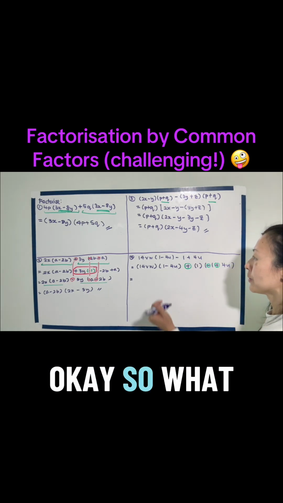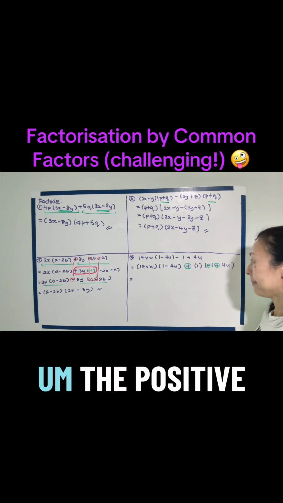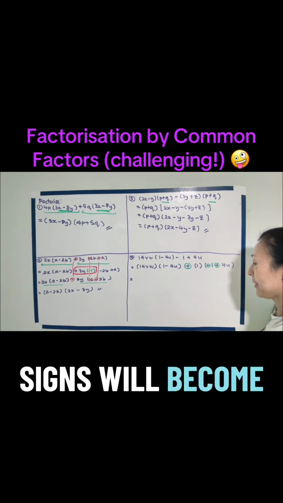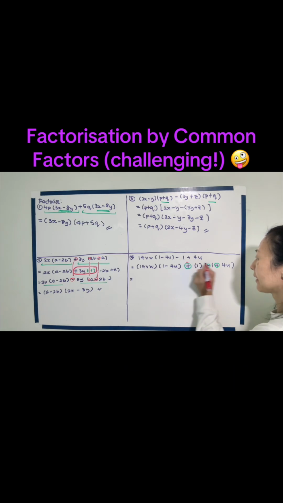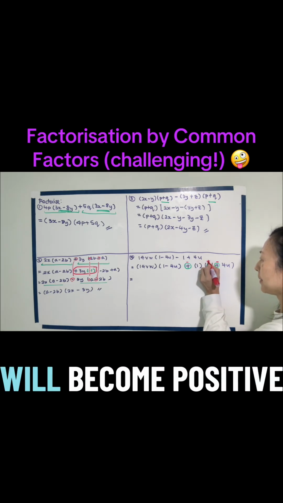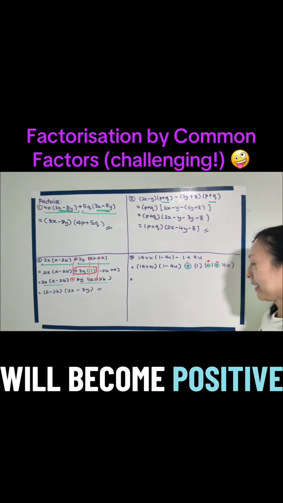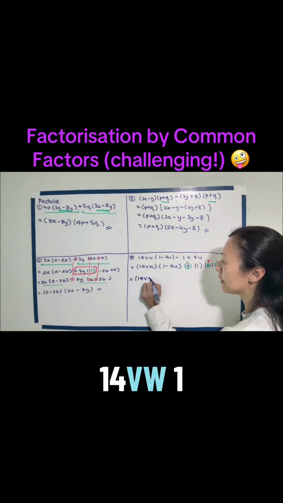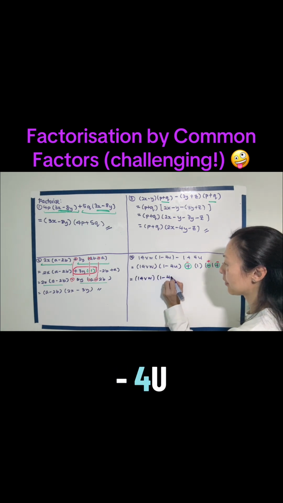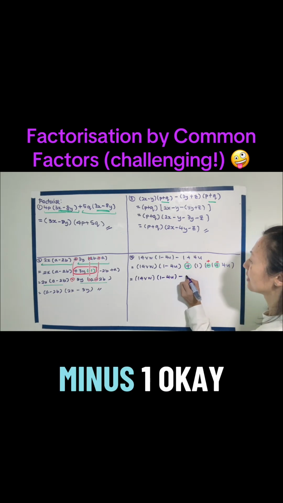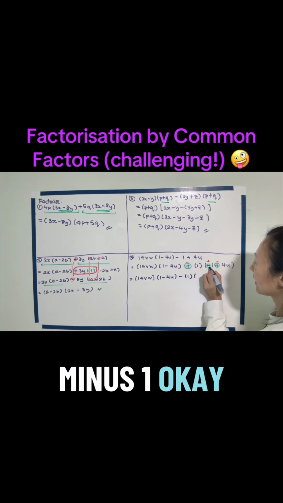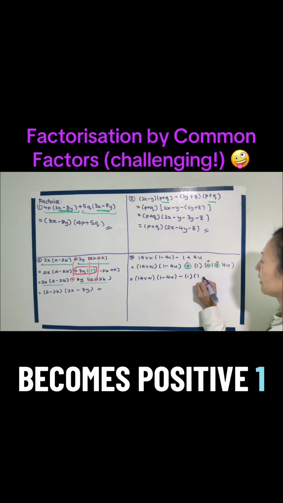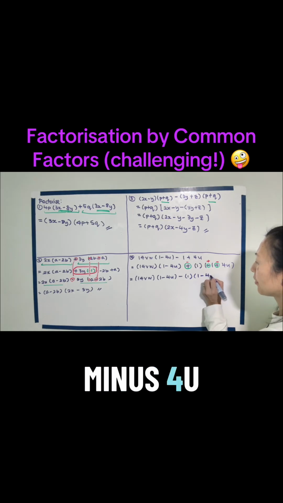So what happens is that the positive signs will become negative, and the negative will become positive. Right? So next line: 14vw times 1 minus 4u, minus 1. Okay, this one now becomes positive 1 minus 4u.